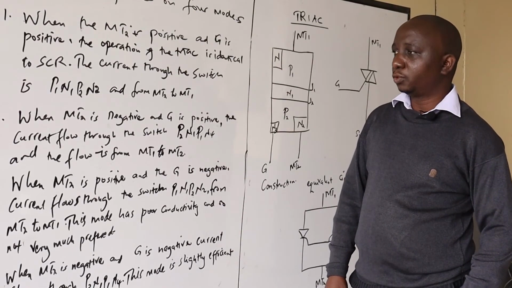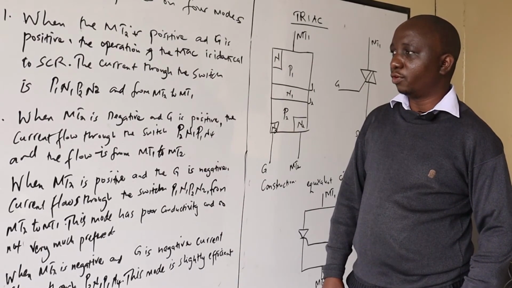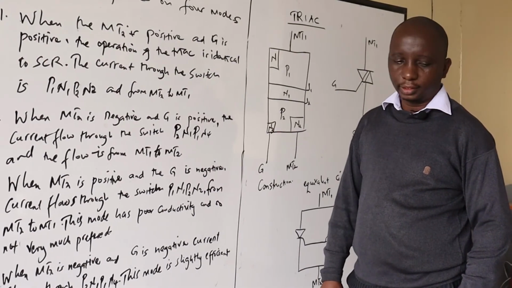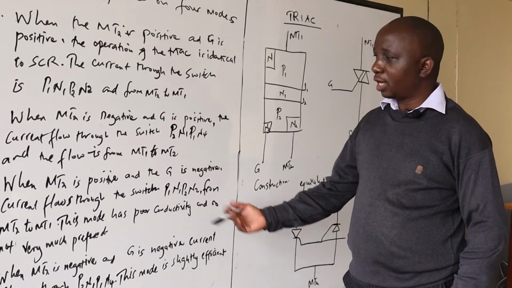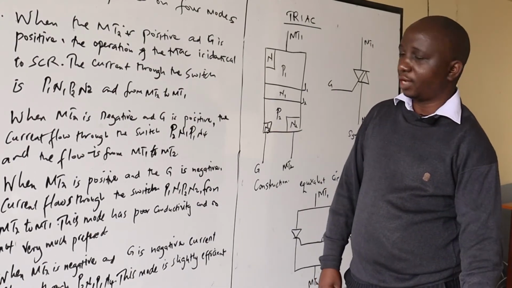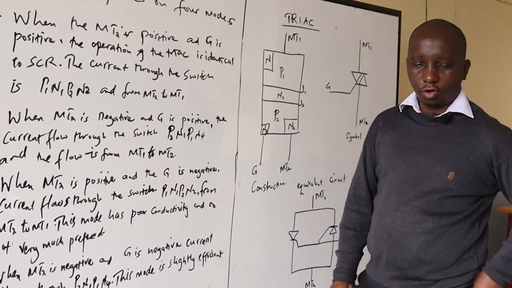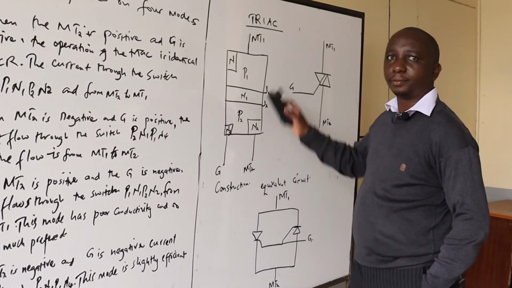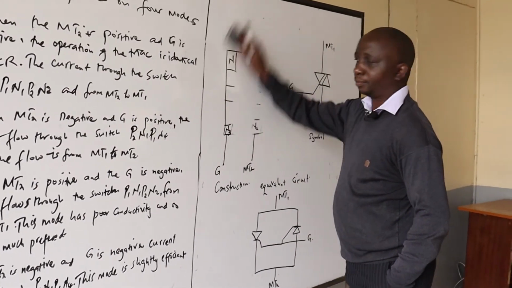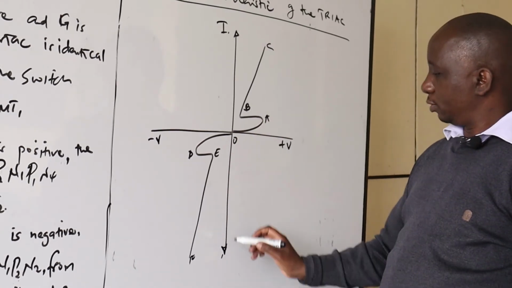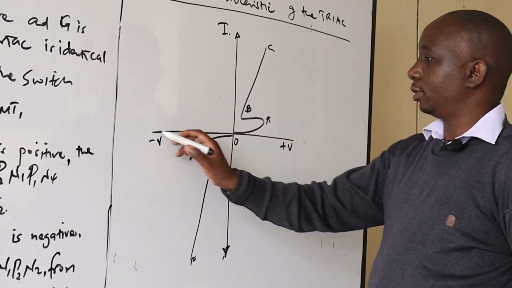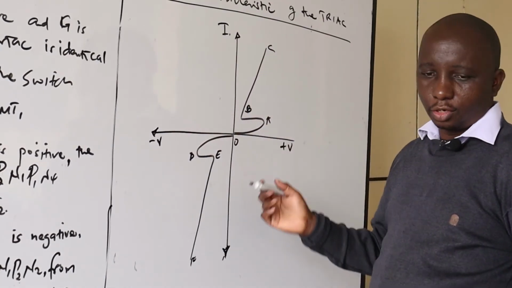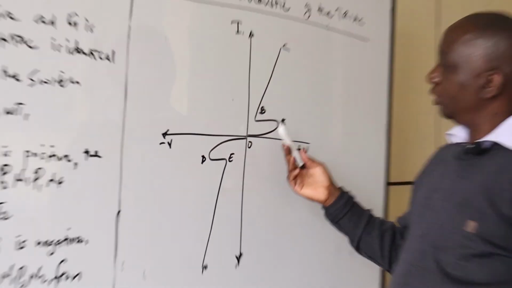And remember, for us to use the Triac for conductivity, we must look at the maximum conduction that is required. So we are going to have a sketch of the VI characteristics of the Triac so that we also compare it with these other devices. So these are the labeling of the axis.